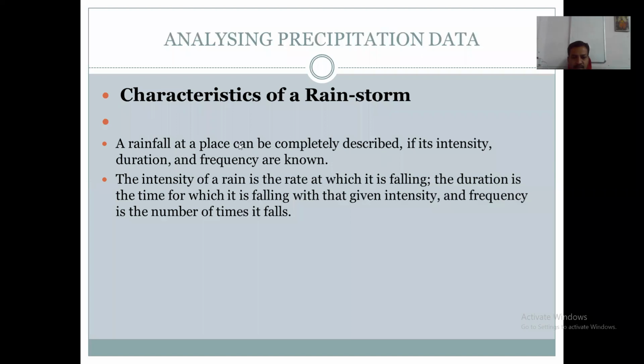Rainfall is measured by using rain gauges, and we have seen that different types of rain gauges are used for measuring the rainfall. After getting the rainfall data from the rain gauges, how do we analyze that precipitation data?